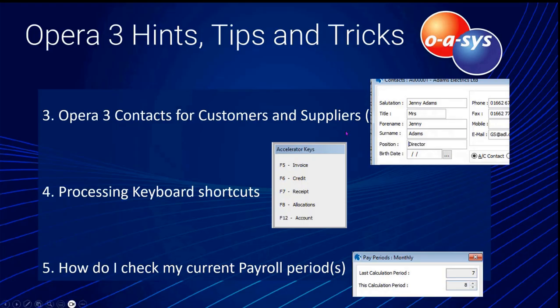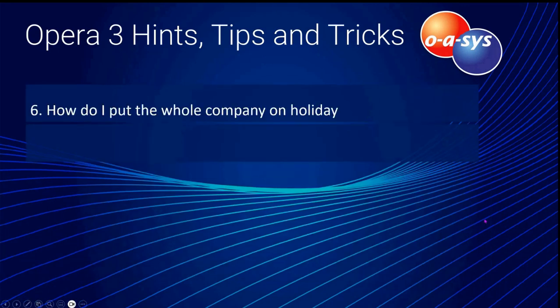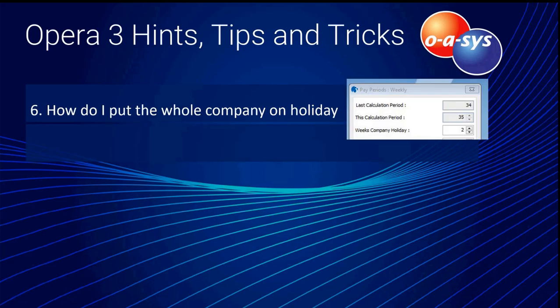Let's pop back to a presentation. So a couple of things here for payroll. And how do I put the whole company on holiday? Well, that is something that I will show you, but this is the functionality where you can allow the whole company to go on holiday, therefore negating the need to run separate period calculations in that time.